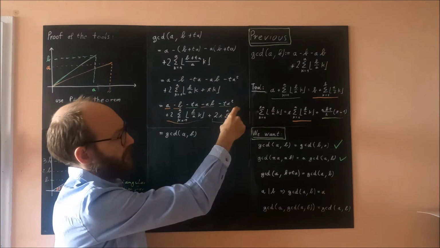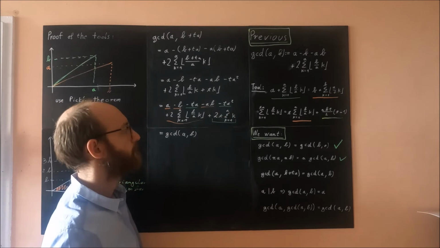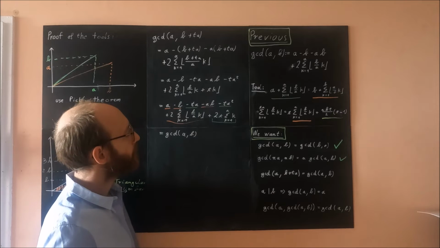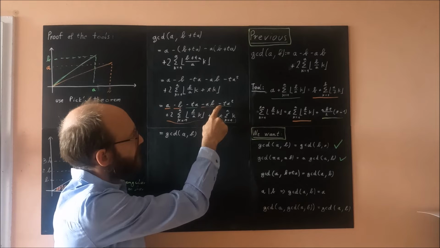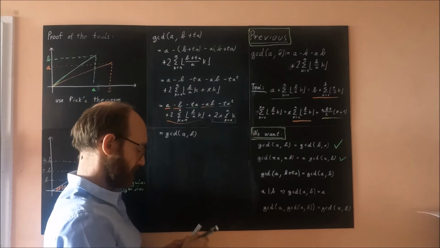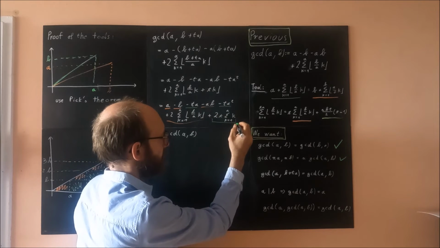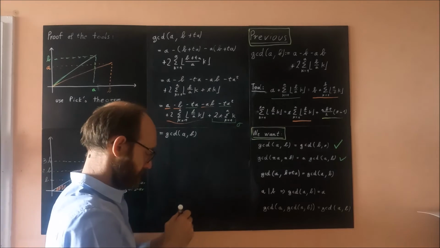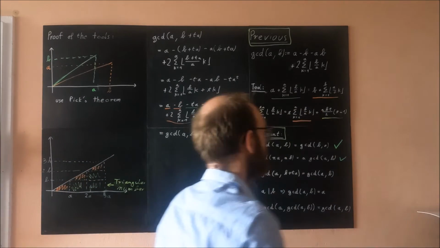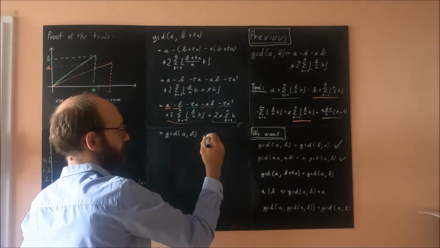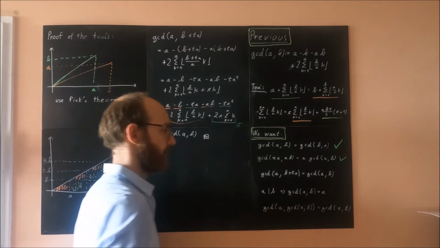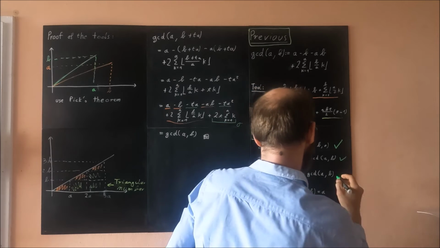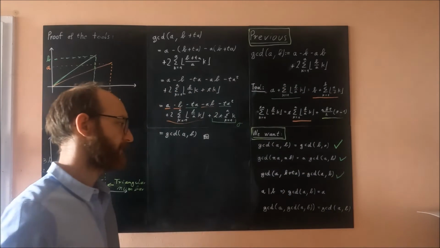Here this is the little Gaussian, and you can check that minus ta squared plus 2 times the sum, they add up to 0. I leave that for you, and so we have finished our proof for the third statement.